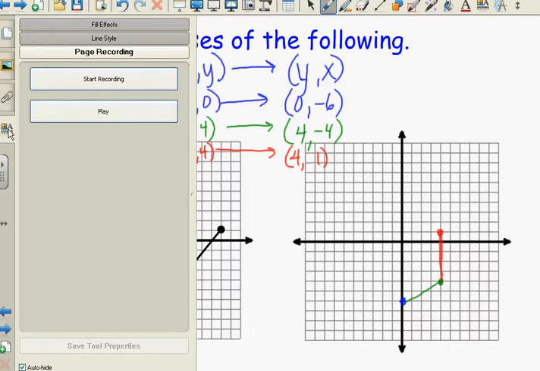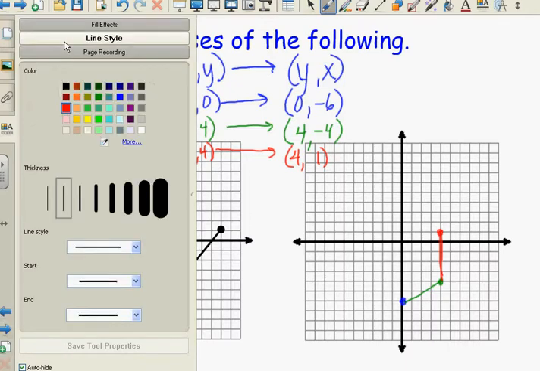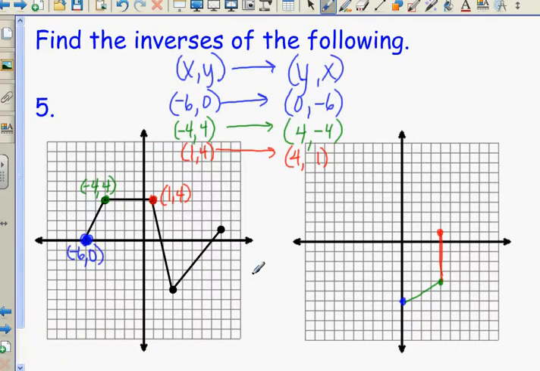Let's be purple. So next point is here. That point is 3, -5. So that would become -5, 3. -1, 2, 3, 4, 5. And +3, right? So that's here.